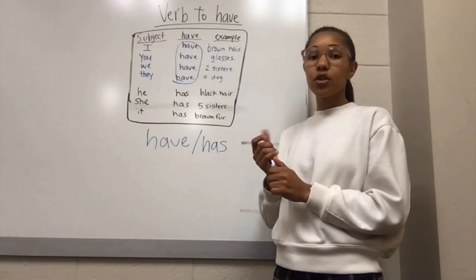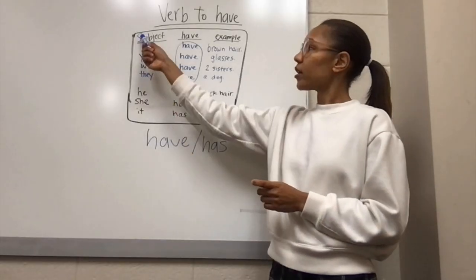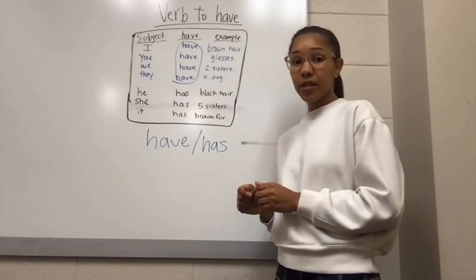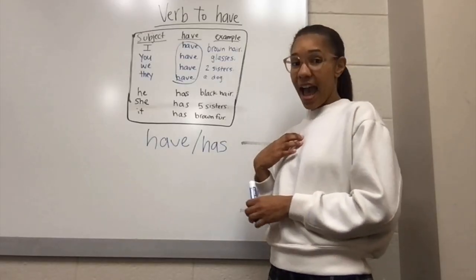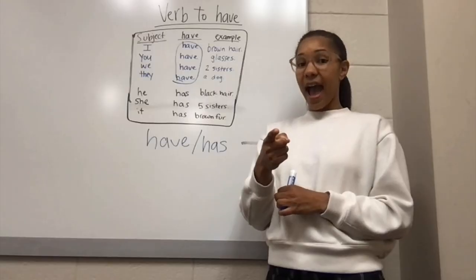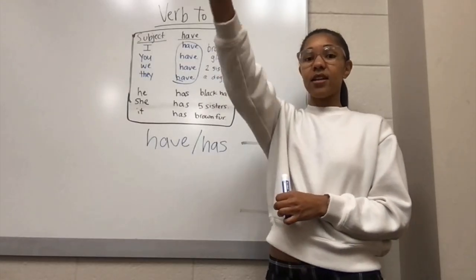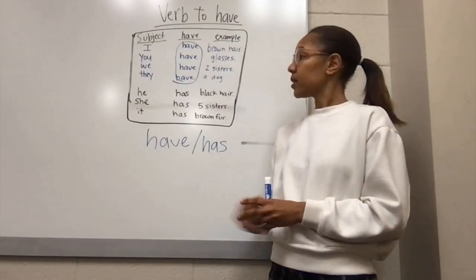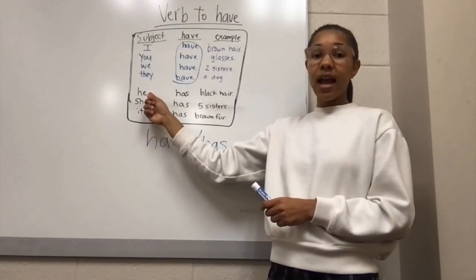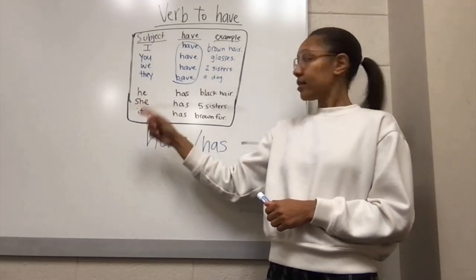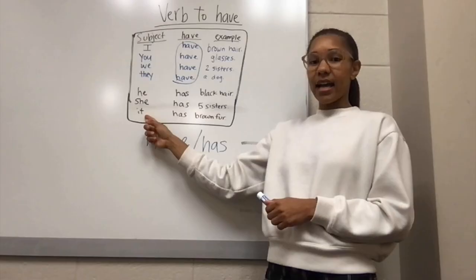Those are the only two we can use depending on the subject. So to review: I have, you have, we have, and they have. And then he has, she has, and it has.